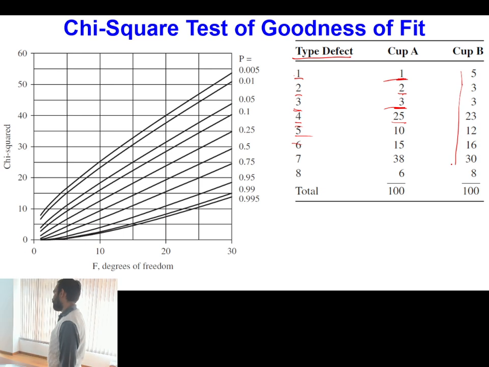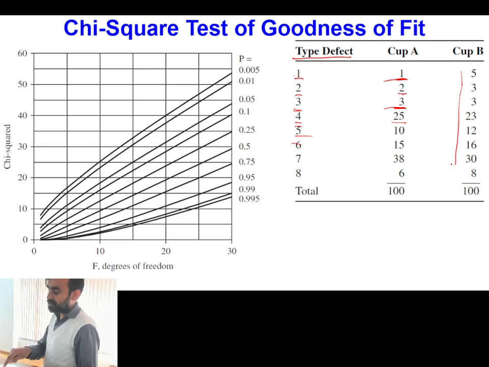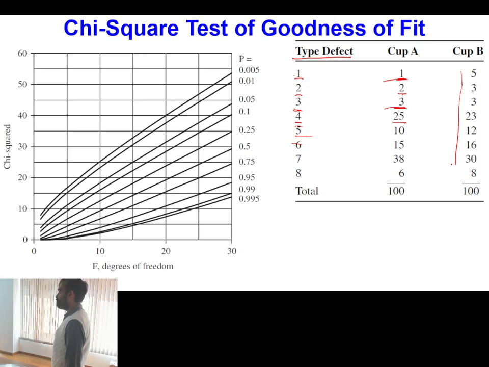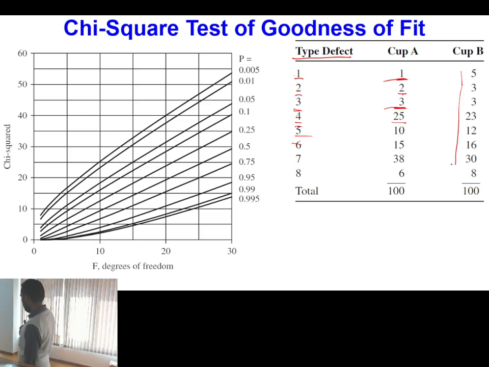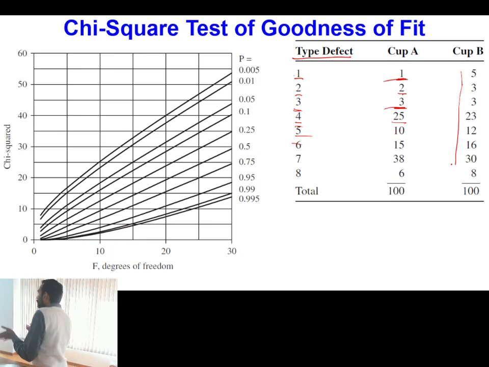over here. Okay. Now, we have to test whether the cups which are fabricated using machine A and the cups which are fabricated using machine B, whatever defective cups both the machines are producing, are these having the same level of defect or different level of defects.